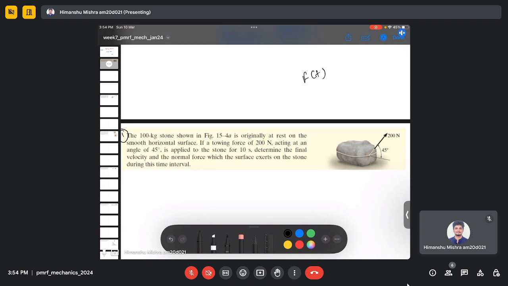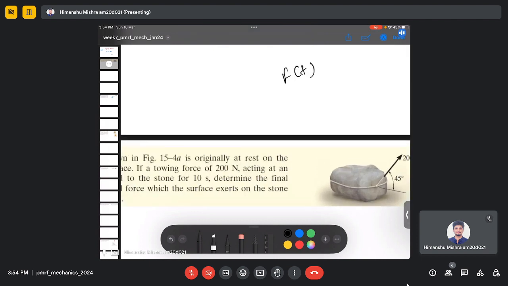Or sometimes, in a very short interval of time, we provide a very large amount of force. So in such cases, we need to use the impulse-momentum equation. We need to take into account the force which is varying with time.